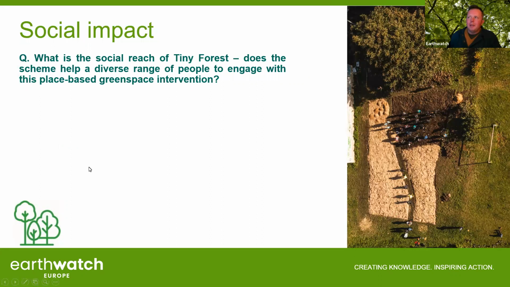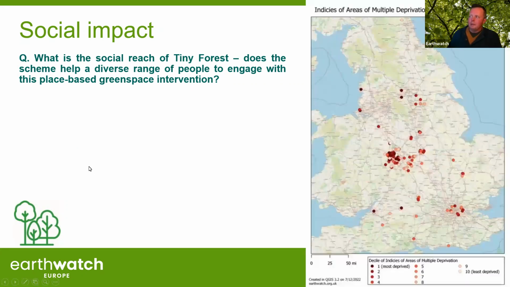Bringing us to our final topic around the social impact, we really wanted to understand the social reach of tiny forest, how effective we are at engaging a diverse range of people in the forest. In doing so, we've been able to map out the forests that were planted by summer 2020 in relation to what's called the index of multiple deprivation.